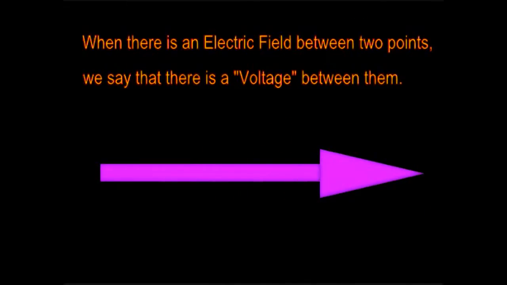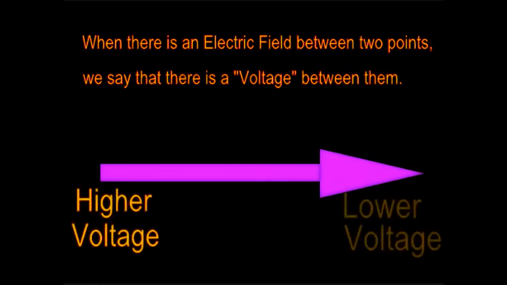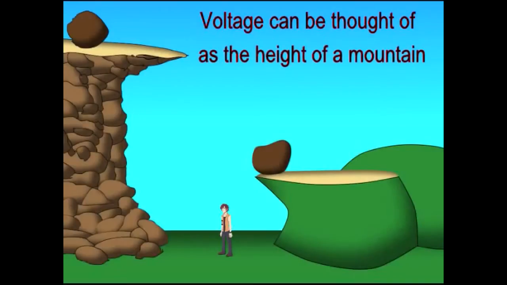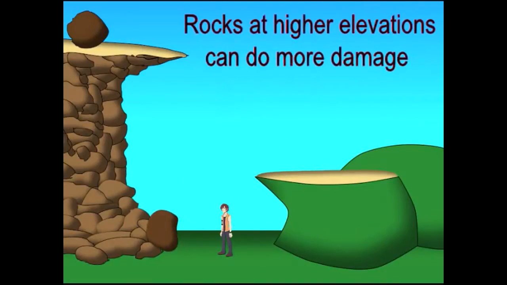When there is an electric field between 2 points, we say that there is a voltage between them. Voltage can be thought of as the height of a mountain. Rocks at higher elevations can do more damage.